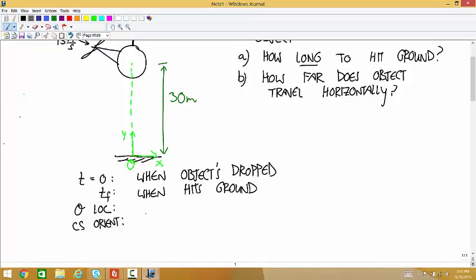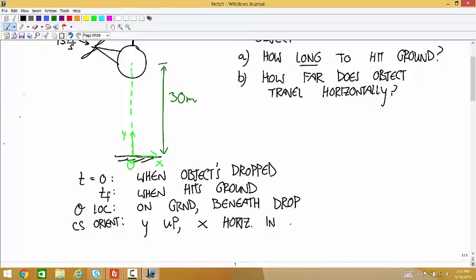So origin location is on the ground, right beneath the drop point. And the coordinate system orientation has the y-axis up. That means the x-axis has to be horizontal in some way. So the x-axis is horizontal, and we'll put it in the direction of motion.